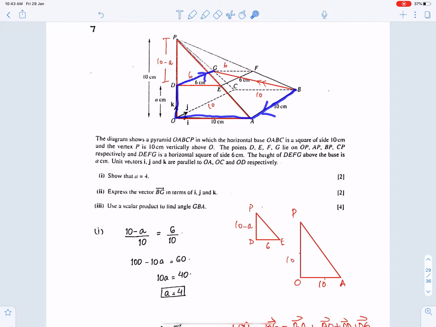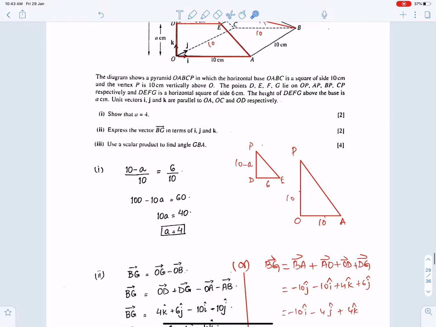BA, because you are working along or parallel to these directions. Don't use these vectors BF and FG. Why? Because we don't have this direction and this direction. So it's better to use these, this direction, this way. BA, AO, OD, DG. By using these vectors, you can get BG.